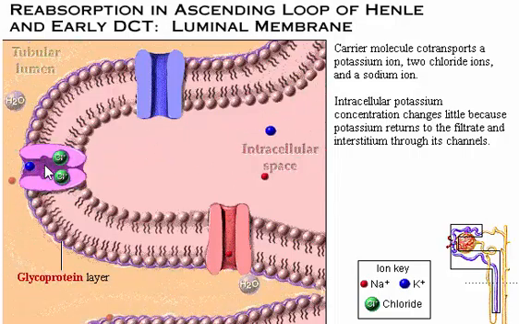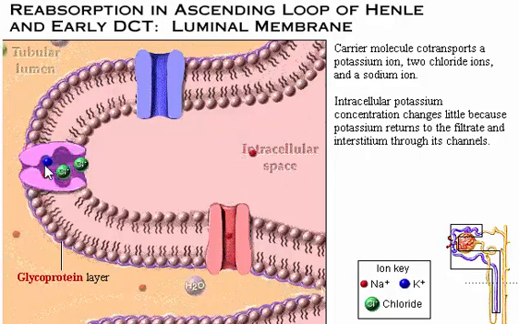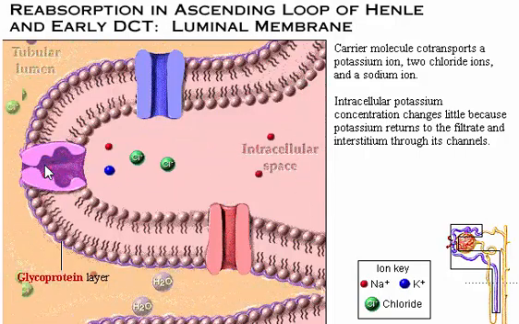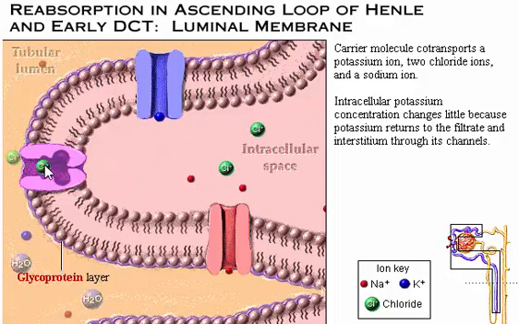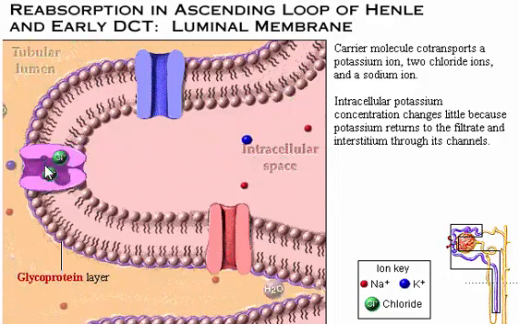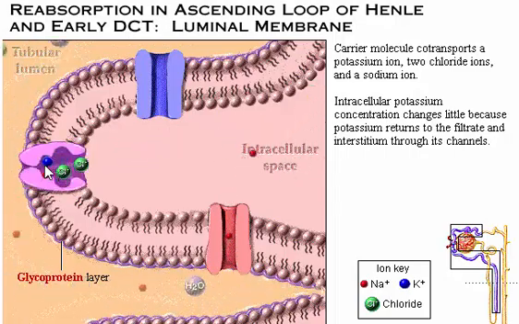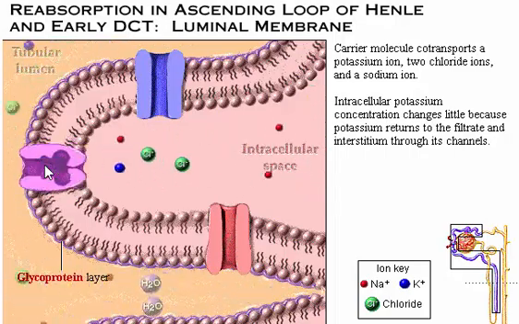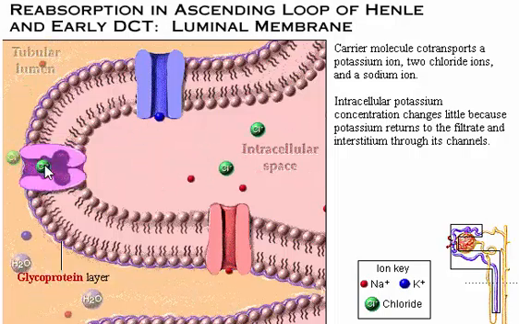The import of potassium does not increase the cell's potassium concentration because these ions diffuse back into the filtrate through the potassium ion channels in the luminal and basolateral membranes. The imported chloride ions follow the sodium ions through the cytosol to the basolateral membrane.